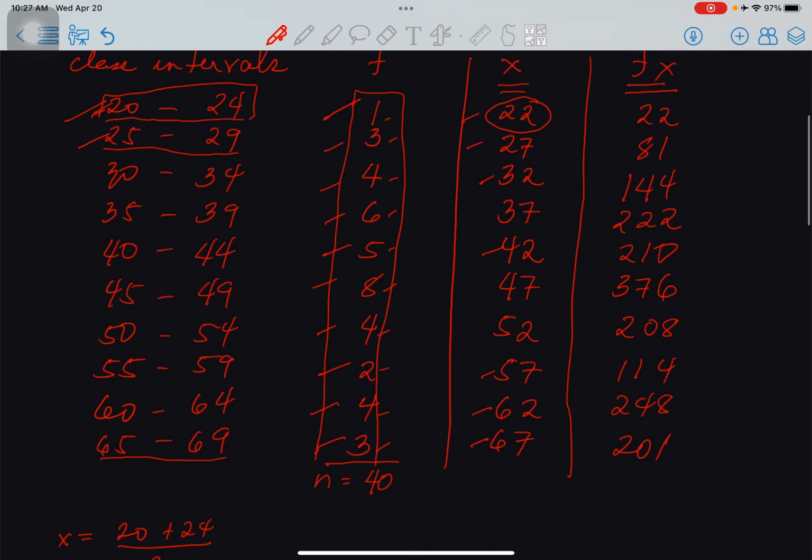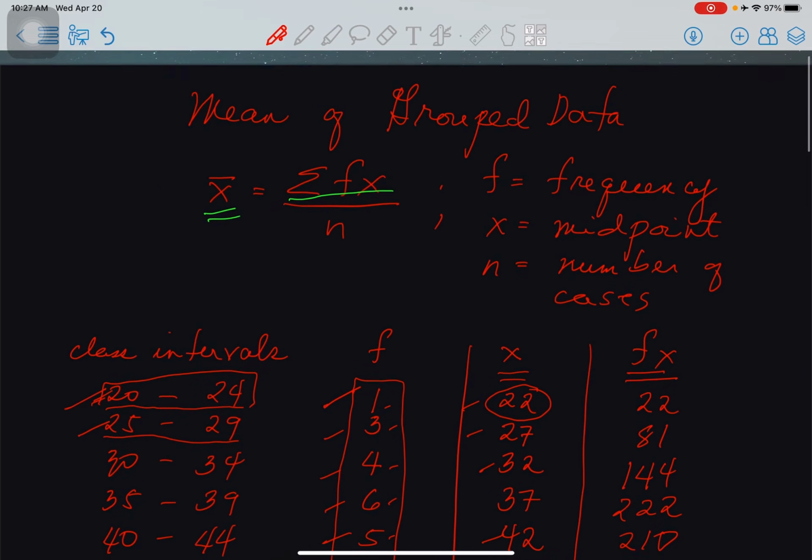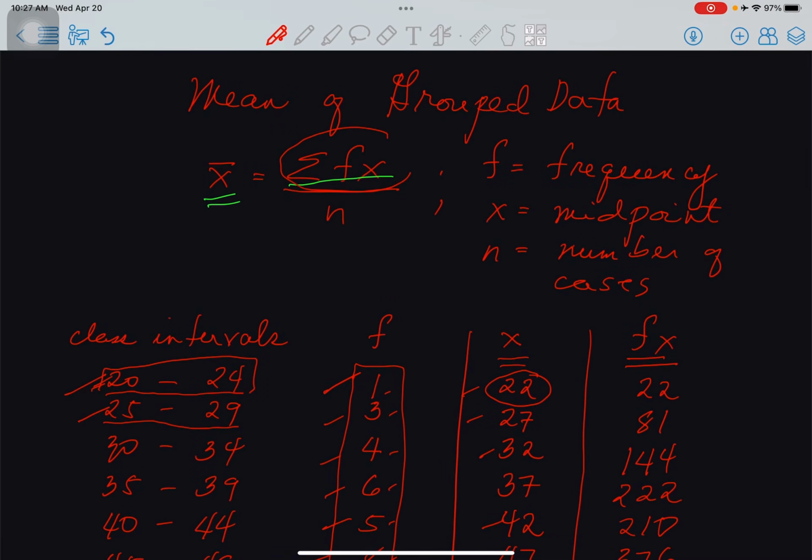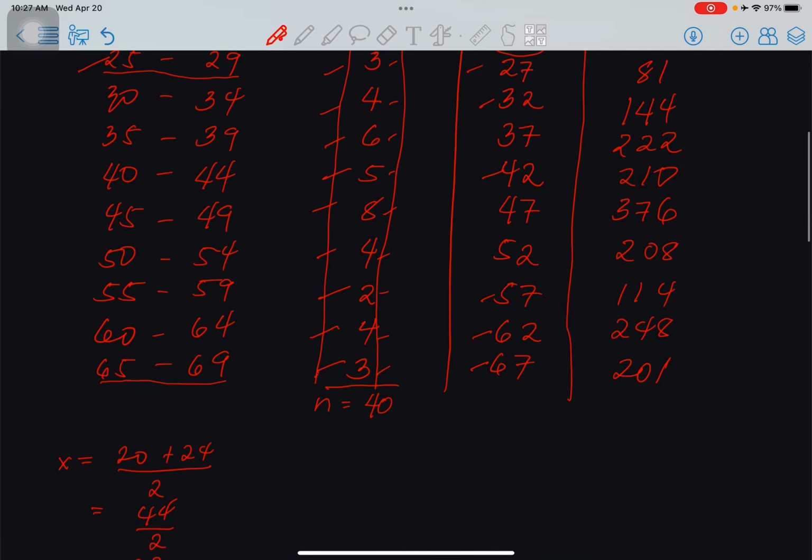After getting your column for your fx, we need to find out now summation of fx. How do we get summation of fx? Based from our formula, that means we are just going to add the column for your fx, and that will provide us your summation of fx.